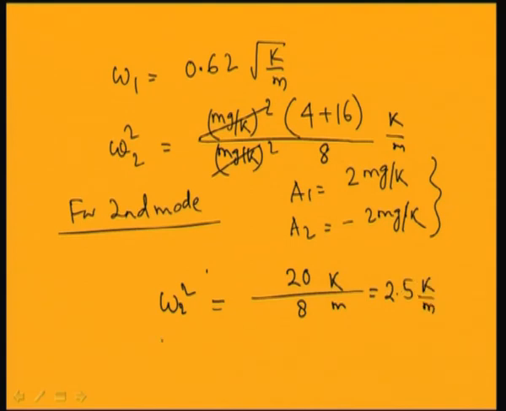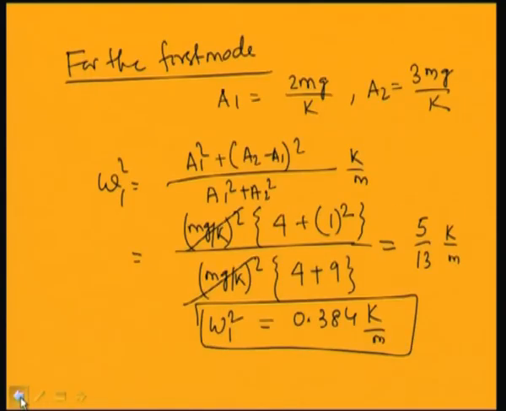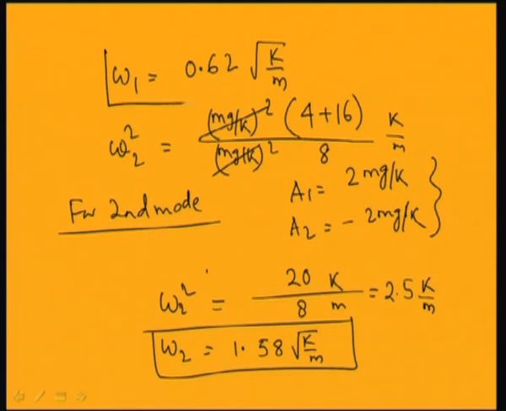So omega 2 equals root 2.5, which becomes 1.58 root over k by m. You get the second mode frequency equal to 1.58 root over k by m, and the first mode frequency we got equal to 0.62 root over k by m.